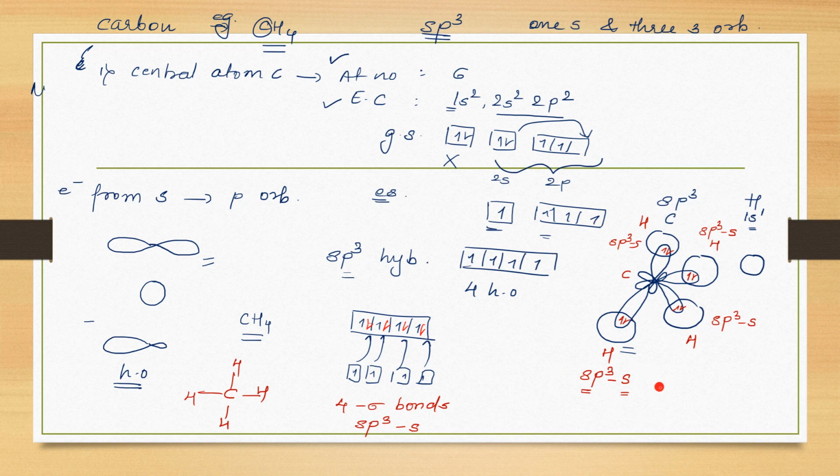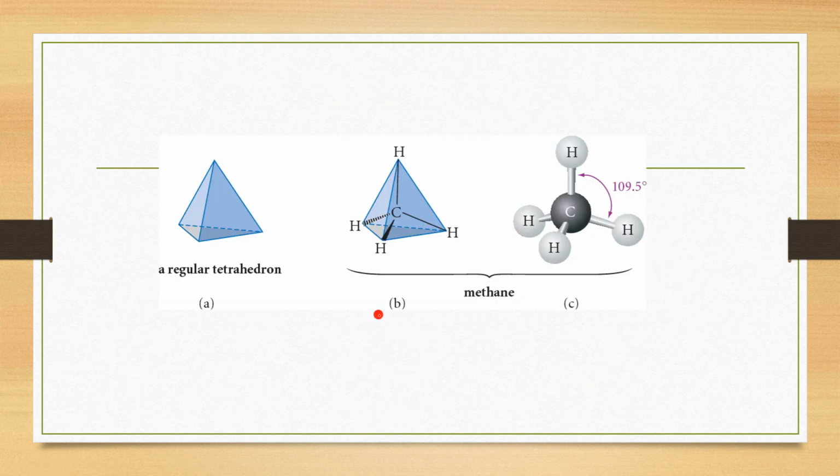This is how the methane formation takes place, and the orientation of the hybrid orbitals is such that there is minimum repulsion, maximum symmetry, and definite orientation, and that is the reason you get this geometry of methane. So this is how I'll show you with respect to this.